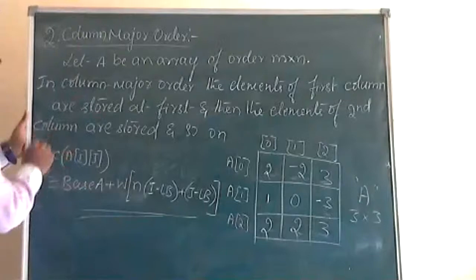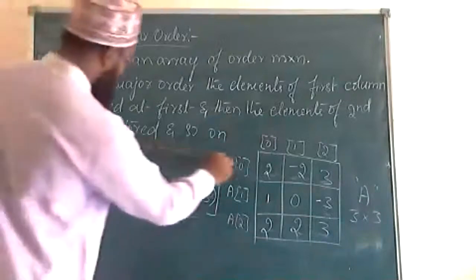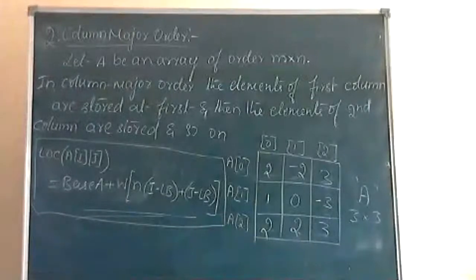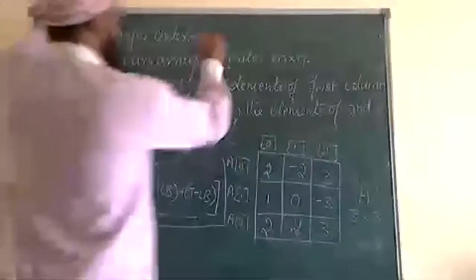This is the row major order formula. The column major order formula is also there. I will write that formula here.